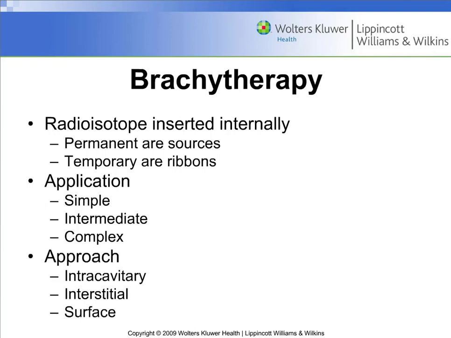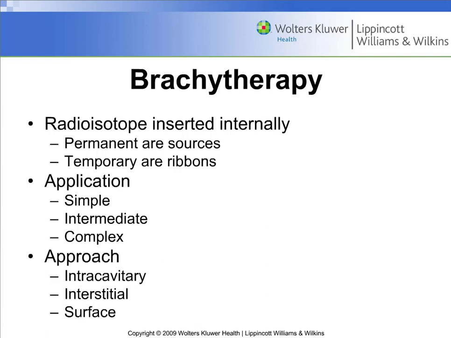Codes are also given for the approach being intracavitary, interstitial, or surface applications. In addition, CPT provides codes for high-density brachytherapy depending on the number of source positions or catheters. The radiation therapy is administered through the catheters directly at the tumor being treated, again trying to preserve the healthy tissues around that tumor.